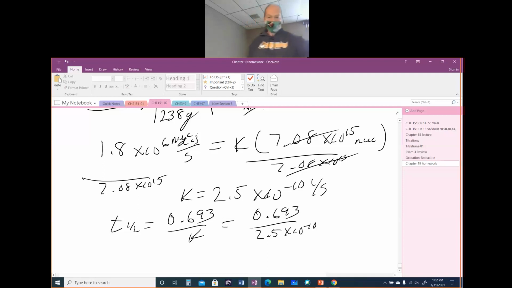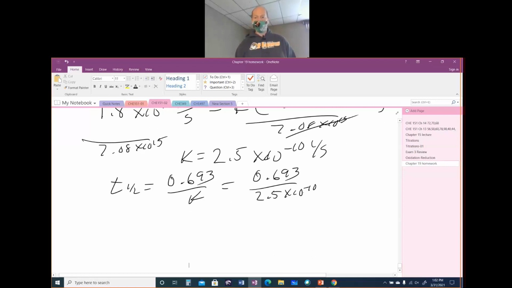When you push the buttons on your calculator, you get a very large number, in seconds. That is going to be 2.77, or 2.8, times 10 to the 9.